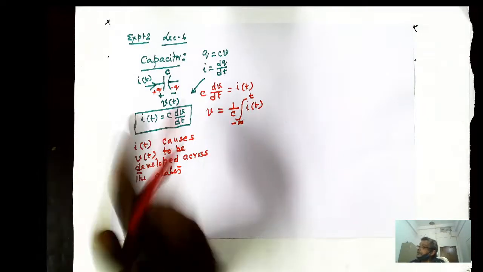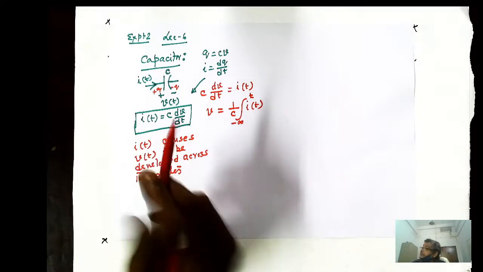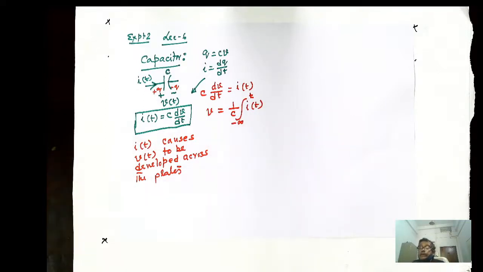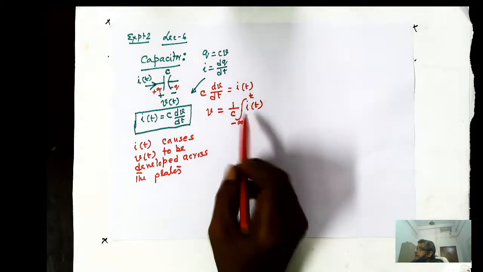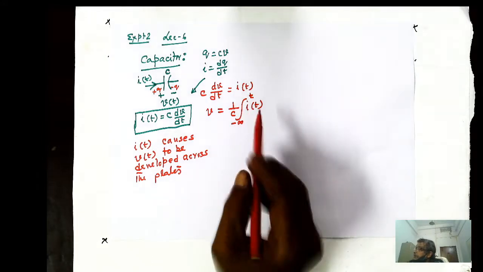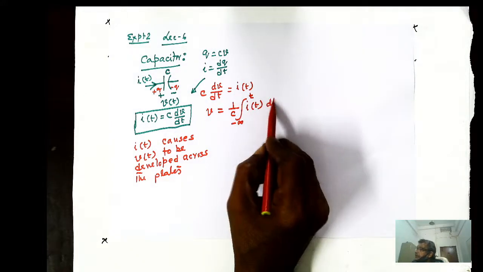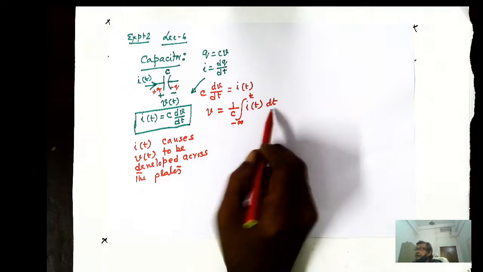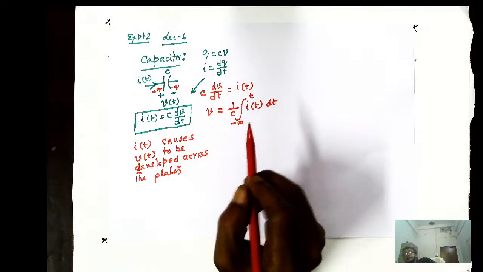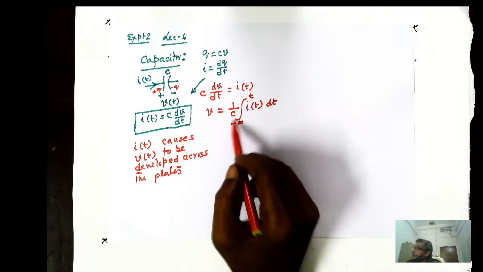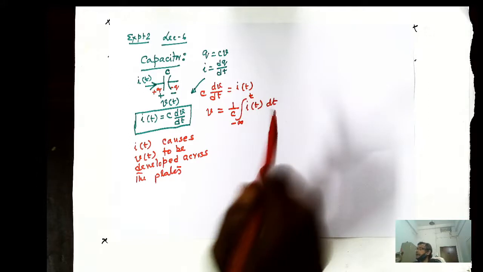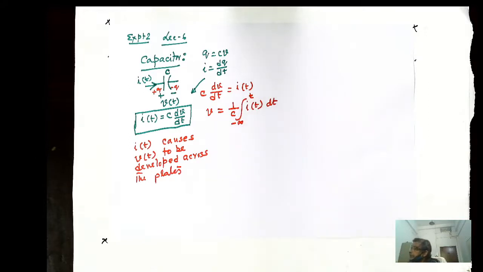How can you dump charge? If you allow current to flow into a capacitance, then i(t) dt, current into time, will give you charge in coulombs, and Q by C is indeed the voltage. This integral term is Q, how much charge you have dumped on the plates of the capacitor. So this equation is this one.